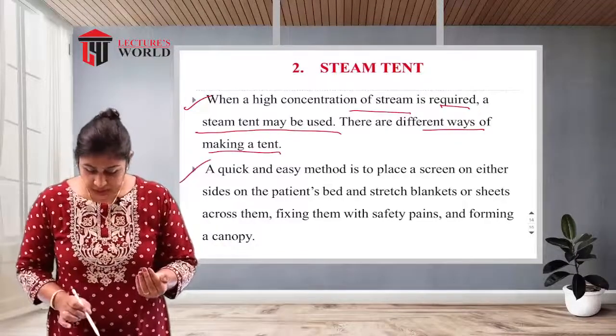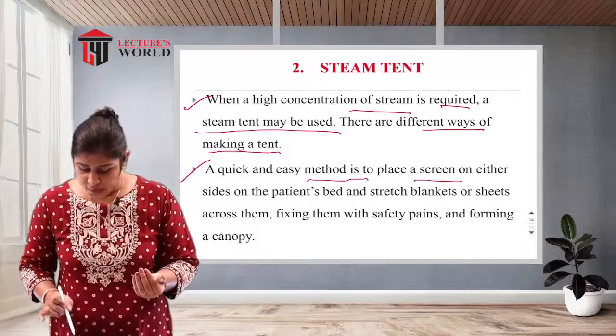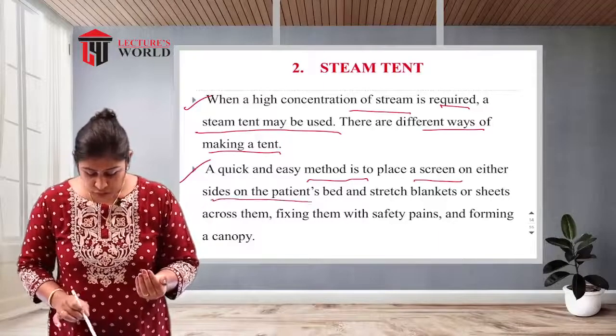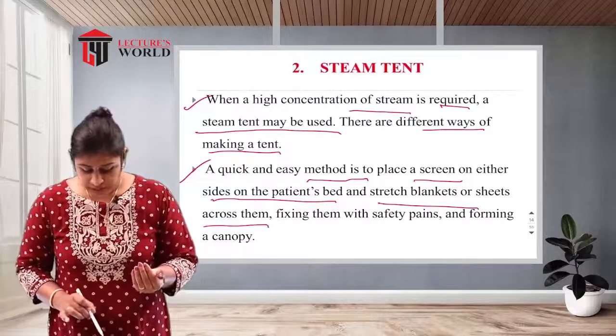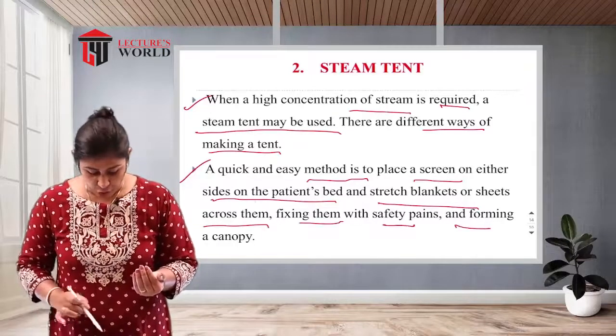A quick and easy method is to place a screen on either side of the patient's bed and stretch a blanket or sheet across them, fixing them with a safety pin and forming a canopy.